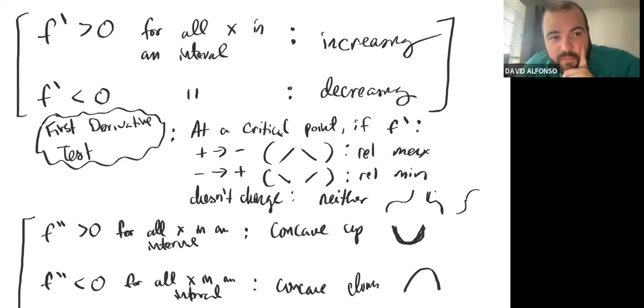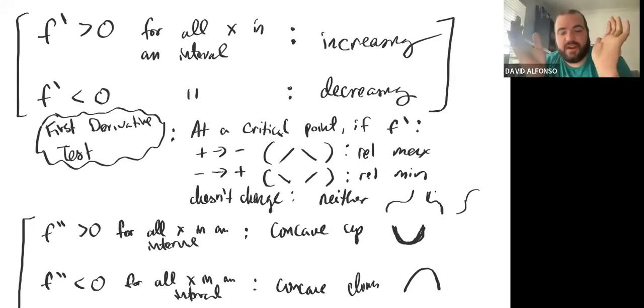To determine graphically if a function has concavity, I like to use my hand test. If you put the bottom of your hands on the graph and cup the graph, if your hands are pointing upwards, you can say it's concave up. And if your hands are cupping downwards, it's concave down. That's my personal trick.